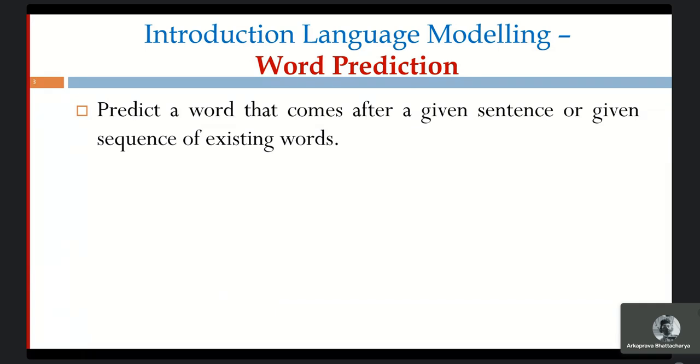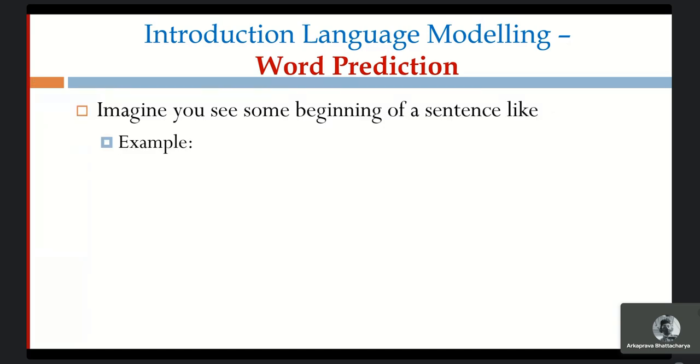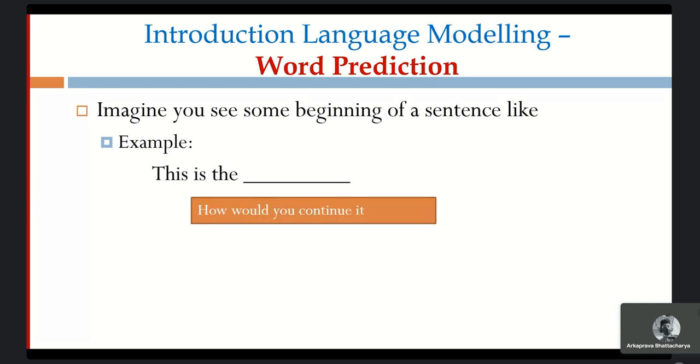Before getting into language models, let us try to understand what predictions we are trying to look into. Let's start with word prediction. Let us try to predict a word that comes after a given sentence or a given sequence of existing words. Imagine you have seen the beginning of a sentence like this. If I say "this is the", how would you continue it?